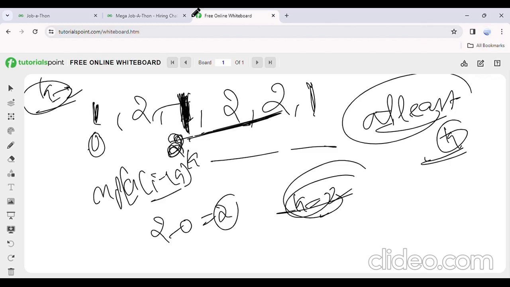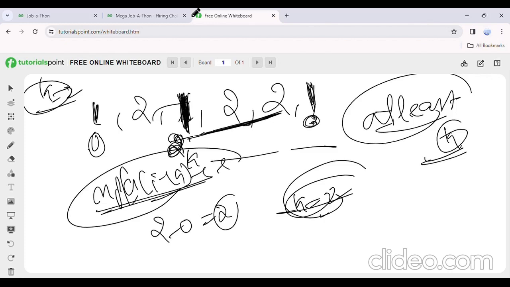Suppose we are here and incrementing the value in the map: this index is 5, and 5 minus 2 is 3. We are incrementing this value and checking how many numbers come earlier at least k distance apart. If you apply this algorithm, you will get the right answer.